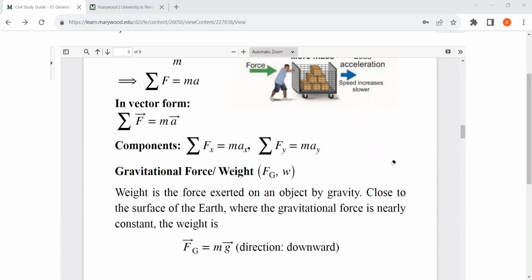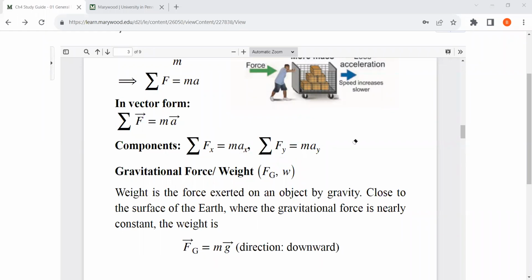For the x component, the equation is something like this. For the y component, the equation is something like this. Because m is a scalar quantity, there is no change here. In both cases we use m, but because force and acceleration are both vector quantities, in the equation we have to use x with x, y with y. We'll do some problems, don't worry.